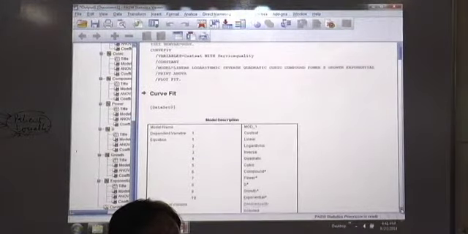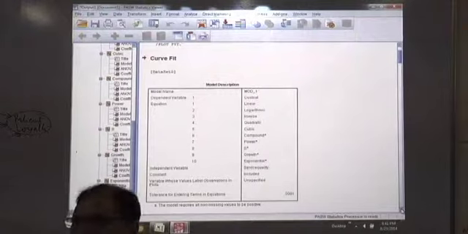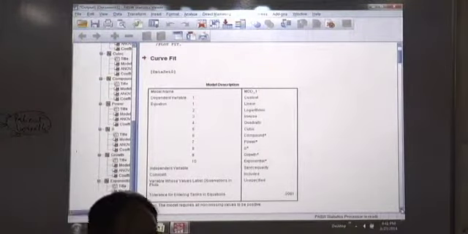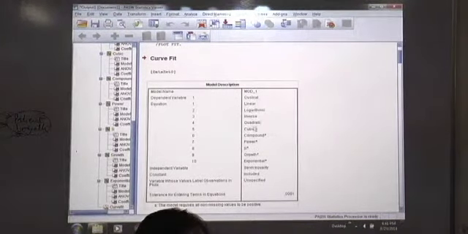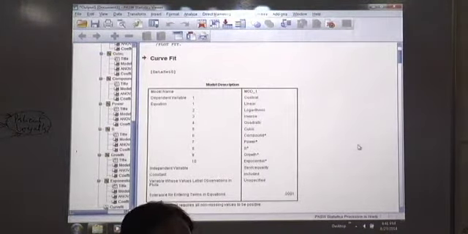Start from here. You find these are the options that you have selected: linear, log, inverse, cubic, quadratic, compound, power, S, growth, exponential.